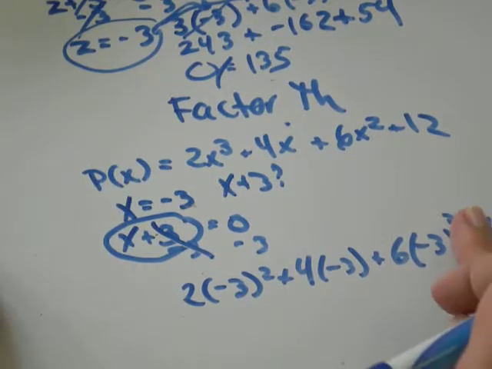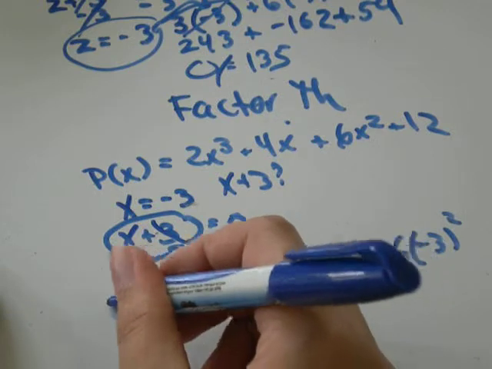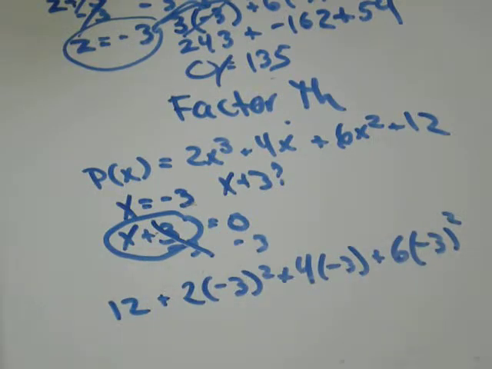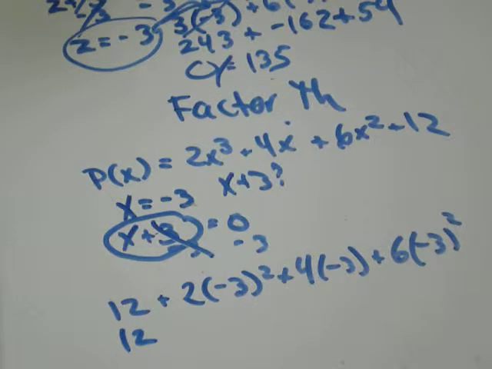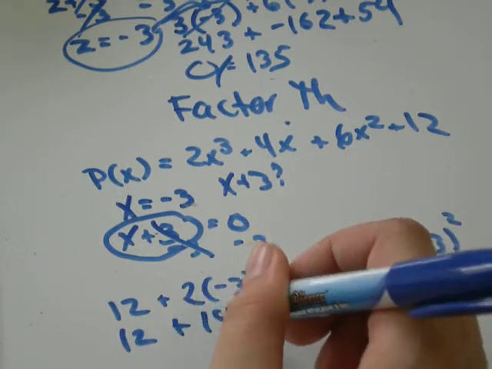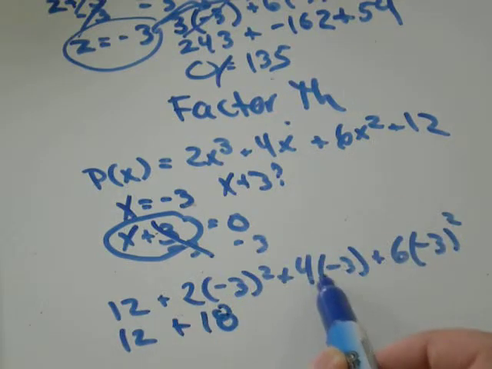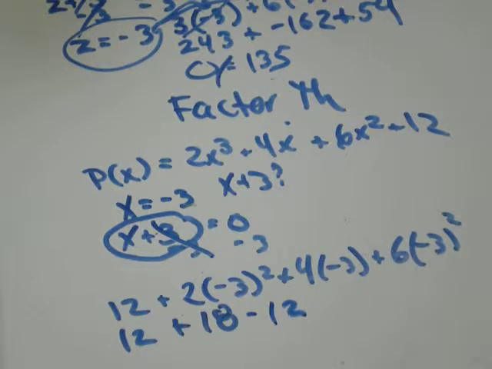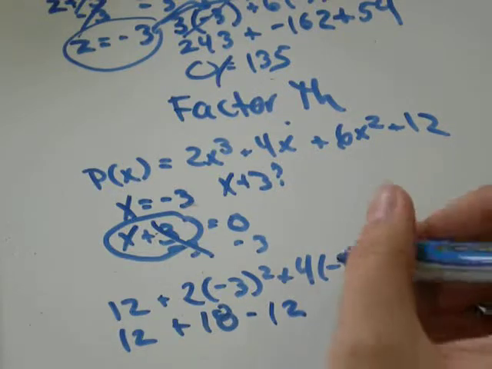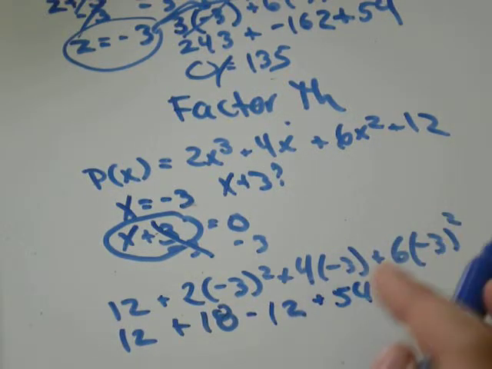I'll write my 12 over here because you guys can't see that. So 12 stays the same. Negative 3 squared is equal to 9 times 2 is equal to positive 18. 4 times negative 3 would be negative 12. Negative 3 squared is equal to 9 times 6 is equal to positive 54.